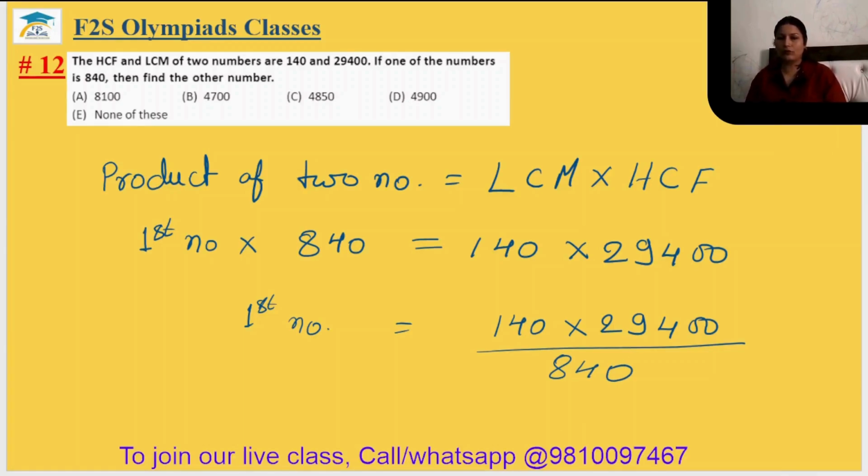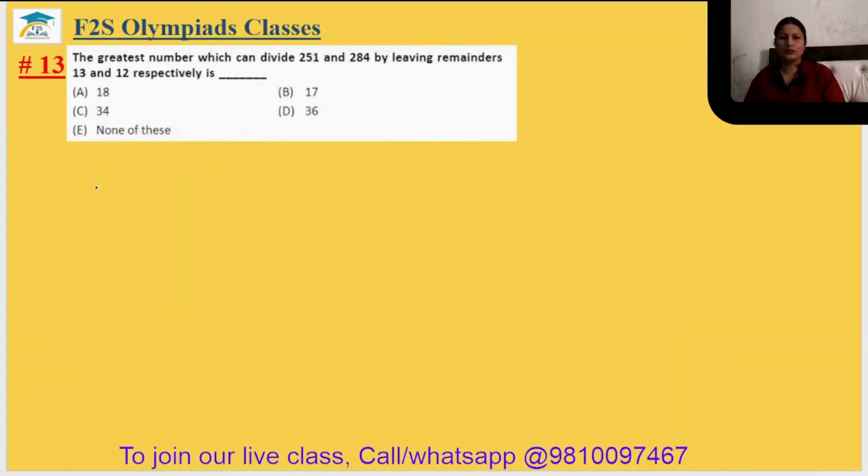Okay, if you multiply 140 by 29,400, you will get 41 lakh 16,000, and when you divide by 840, you will get 4900. Option D it is. 12th answer is option D. Come to the 13th.